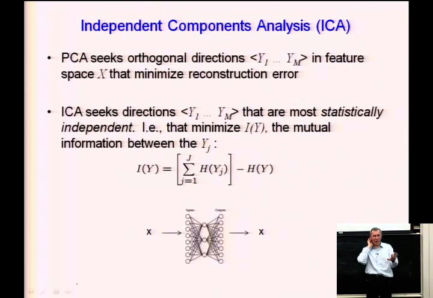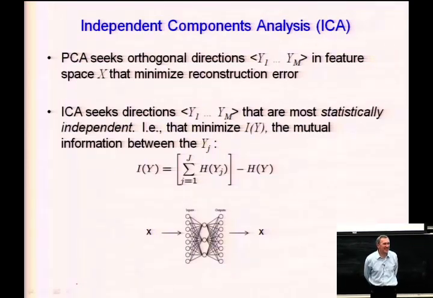So if I understood your question correctly, it was really about the difference between doing feature selection versus projecting the points down to a lower dimensional space. In the lower dimensional space, the features are not a subset of the original features. They're just different features.